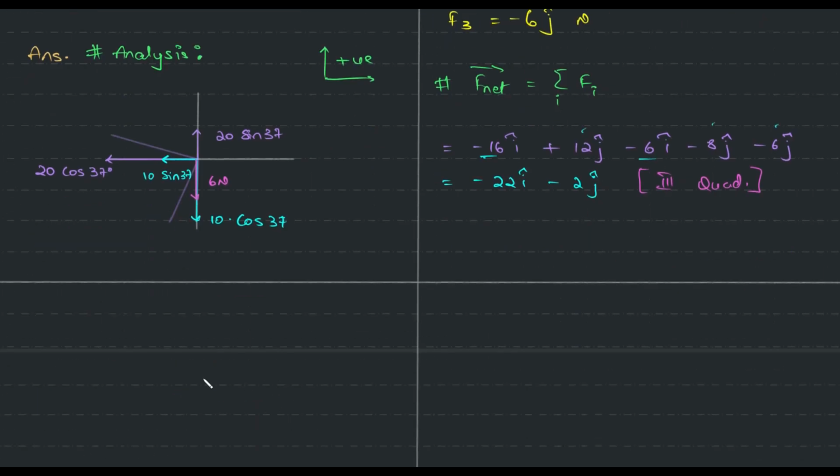And now the magnitude and then the angle. So magnitude would be the root of 484 plus 4, so root of 488. This is 22.1 Newton.